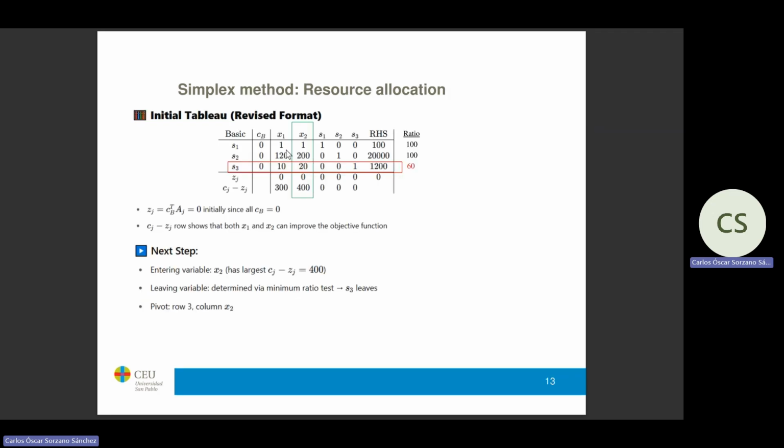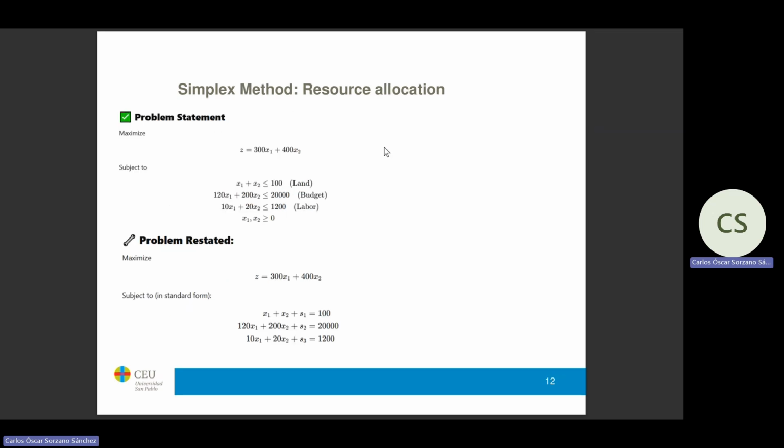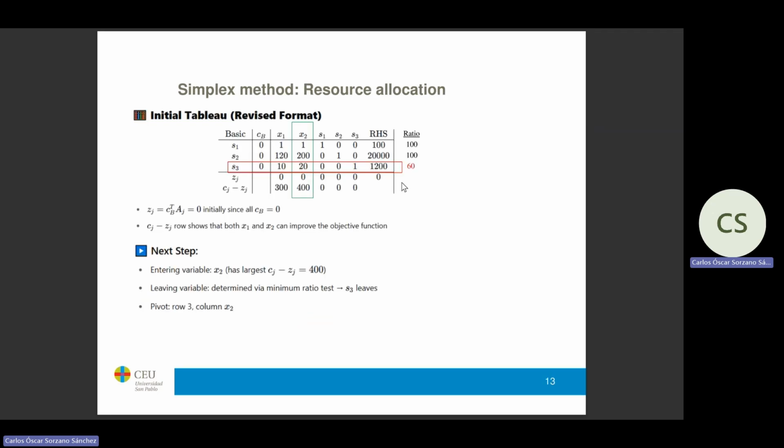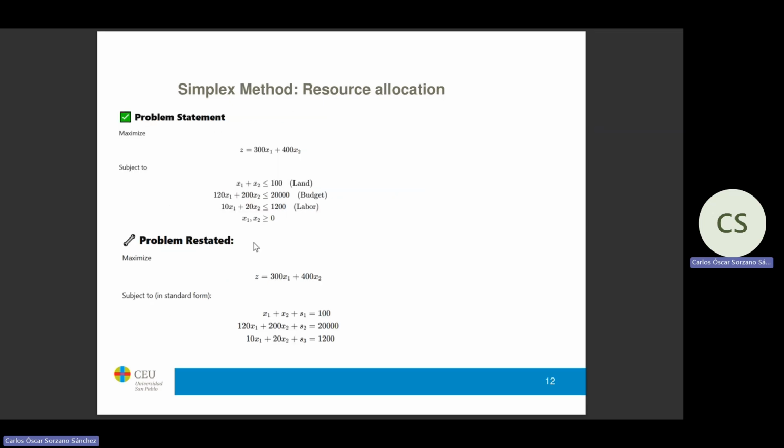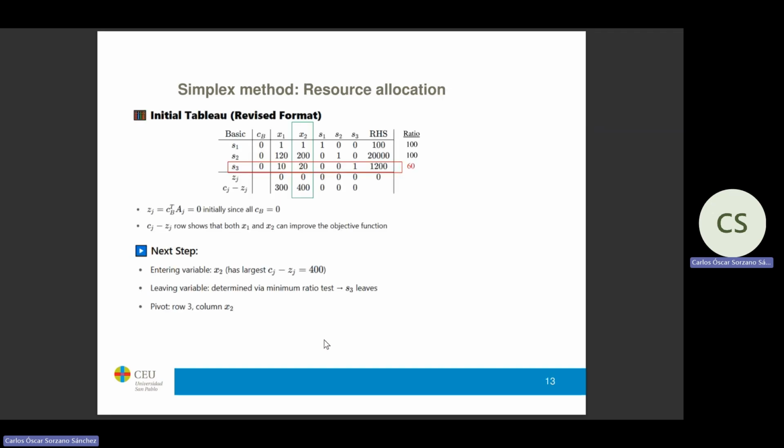So we have 1, 1, 1 equal 100. The second constraint is 120, 200, s2 is equal to 20,000. So we have 120, 100, 0, 1 equal to 20,000. And this is the third constraint. So we have 10, 20, 0, 0, 1 equal 1200.